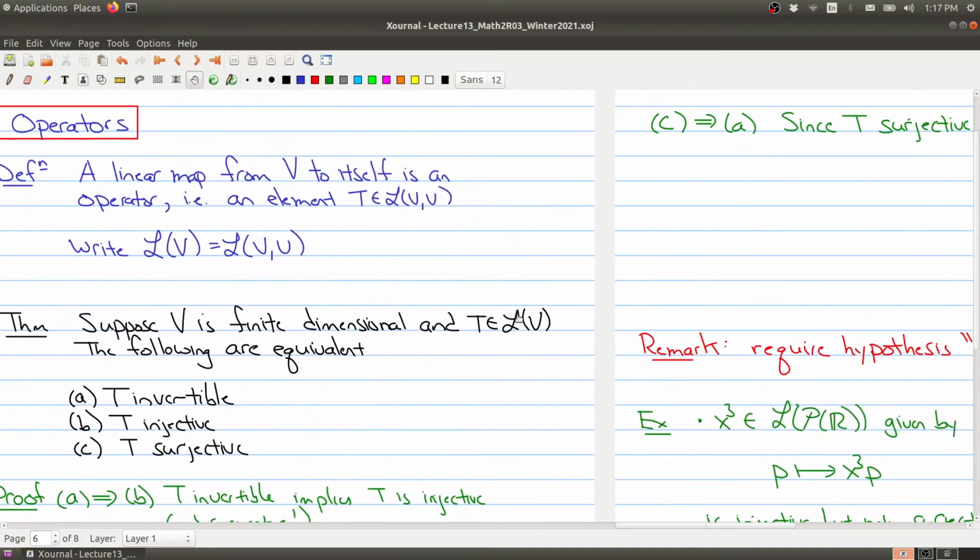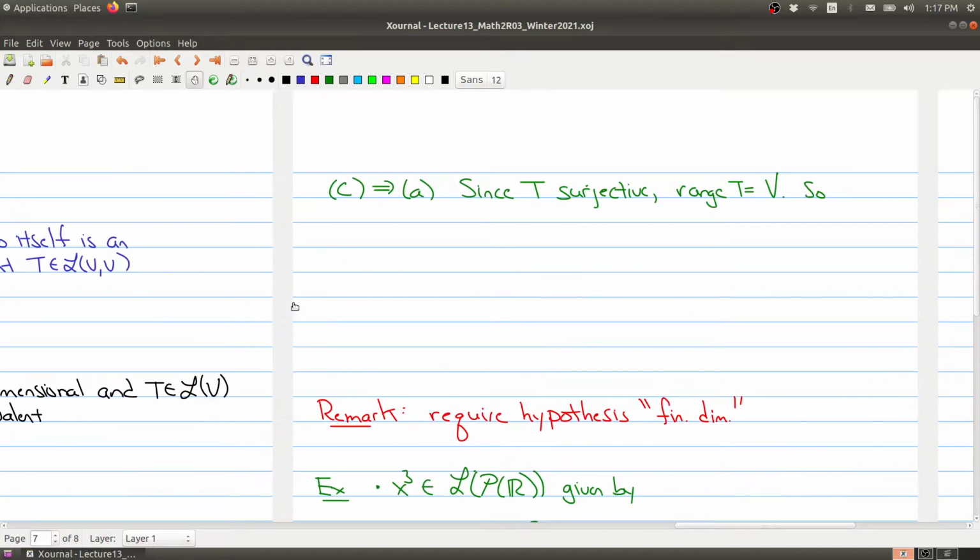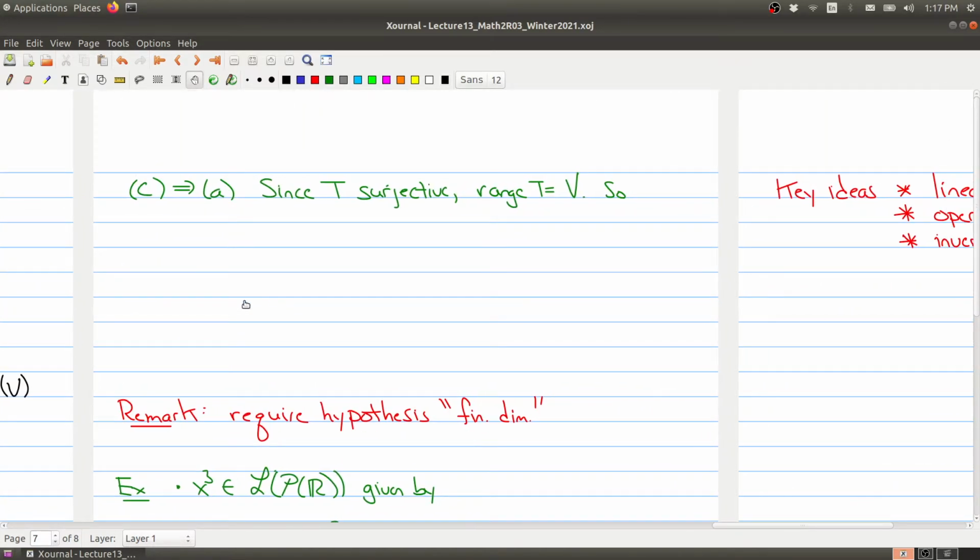And what about C implying A? Well, we already have that it's surjective. To prove that it's invertible, we have to show that the map is also injective. We're given that T is surjective, so the range of T is equal to V. Remember, the fundamental theorem of linear maps comes in again.